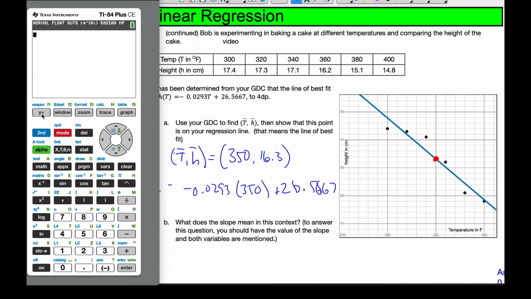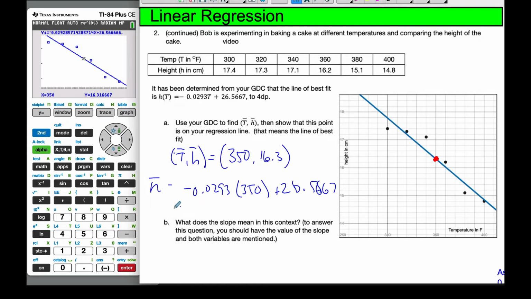And I know that in my calculator, I've already done the calculation when I did the regression and put it here. If I trace that value, change to Y1, I can change the different scenarios. I'm going to do it at 350. And when I get that calculation, I do indeed get 16.3. And so I've shown that it is on the line of best fit.